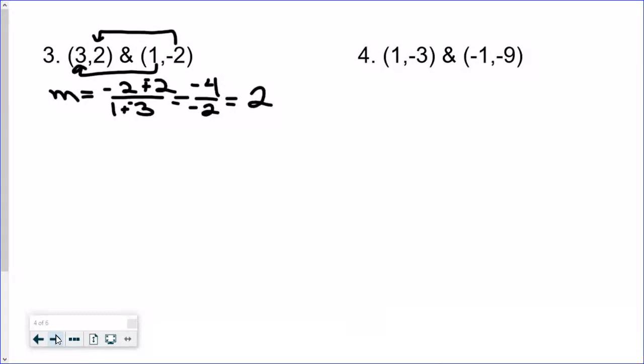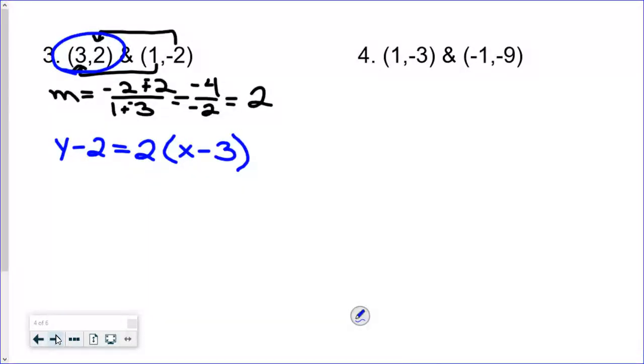Now, just to keep us all consistent today, let's use the first ordered pair so we have a pattern. So you do y minus 2 equals the slope times x minus 3. You could use the second one, but my answers usually are with the first one. So just use the first ordered pair, the one on the left.